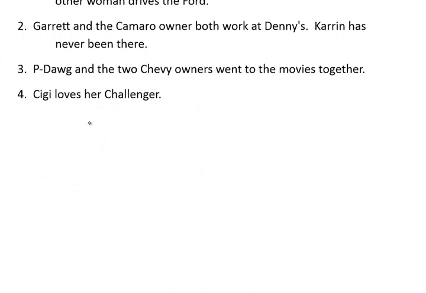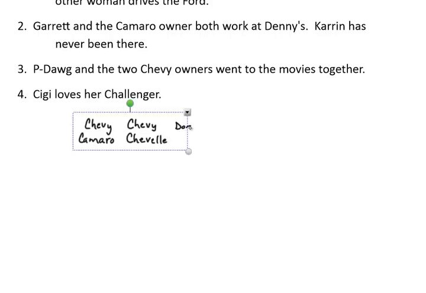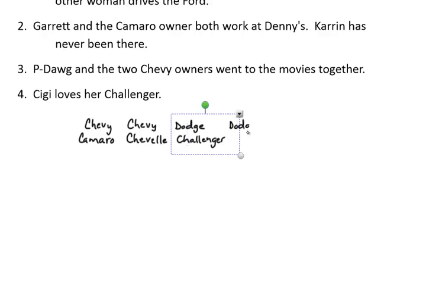So let's start out with the cars. We're talking about a Chevy Camaro, and then we have a Chevy Chevrolet, and then we have a Dodge Challenger, and then we have a Dodge Charger, and then we have a Ford Mustang.